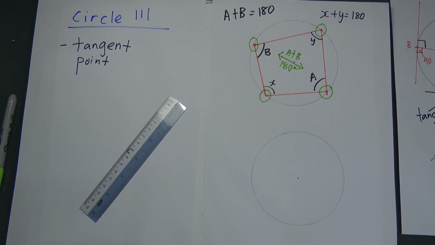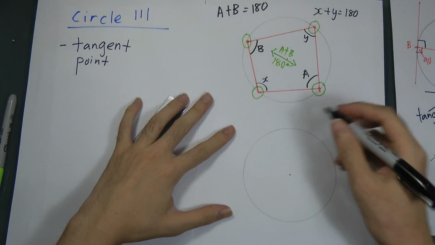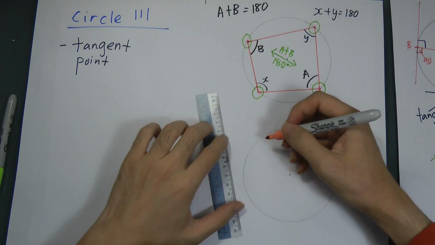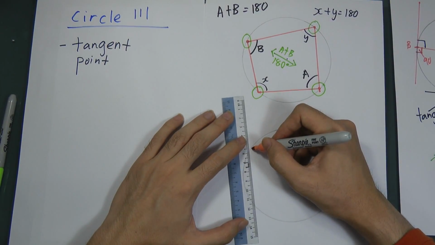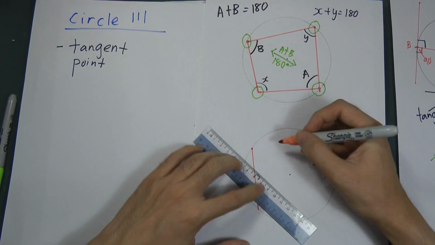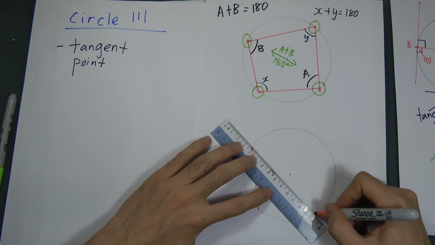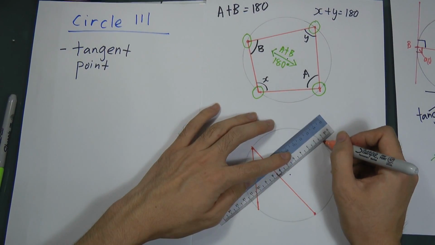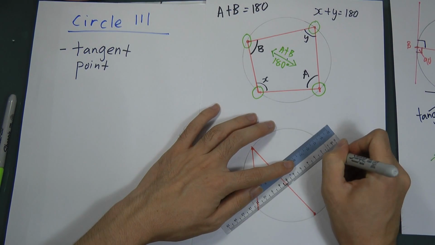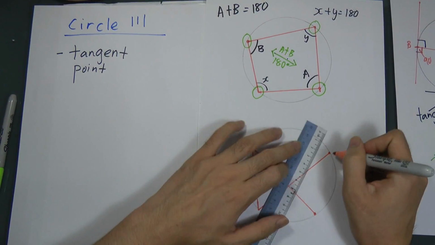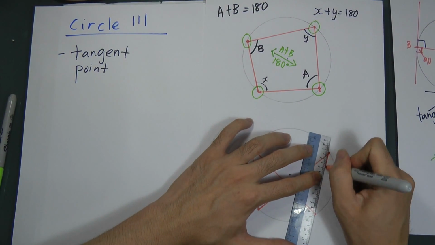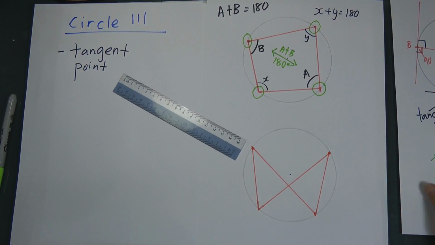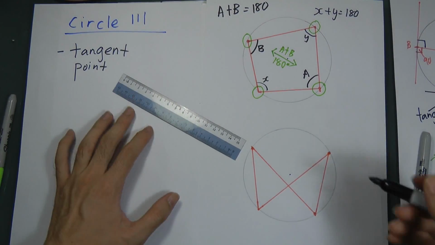Let's take a look at another one without using the center point. Let's say I have one line like this, another line like this, another line like this, and another line like this. This is what I always call the butterfly effect.